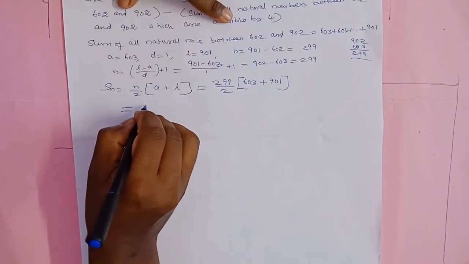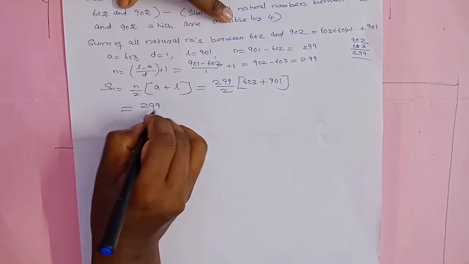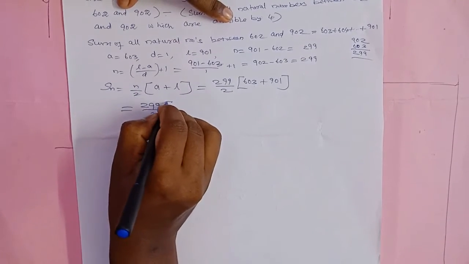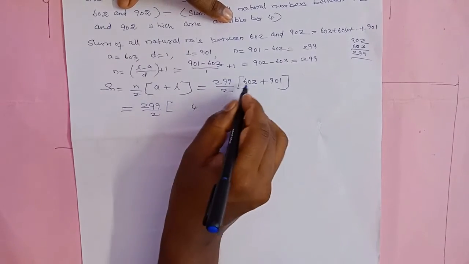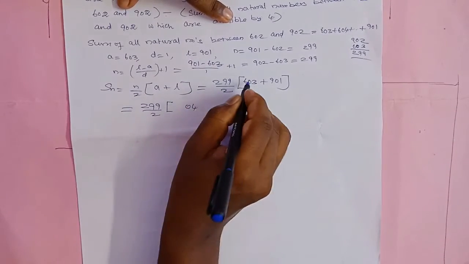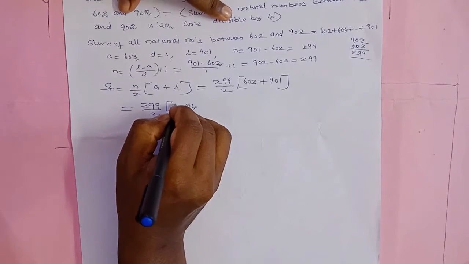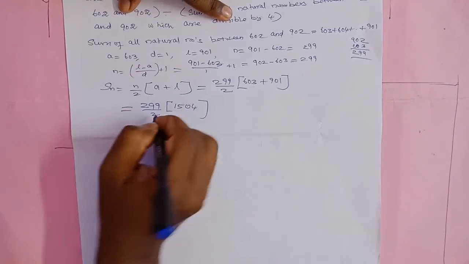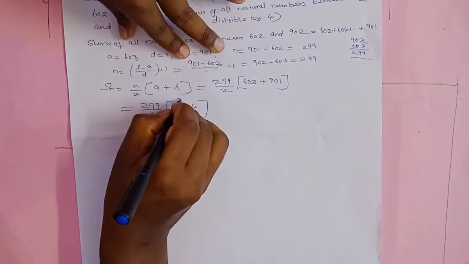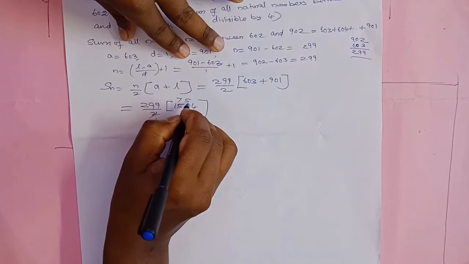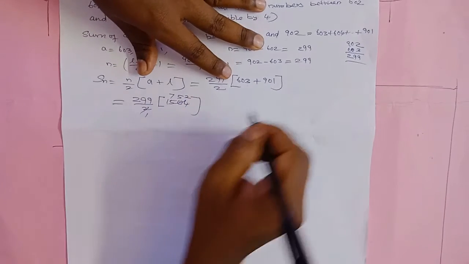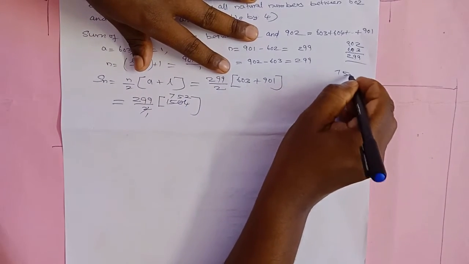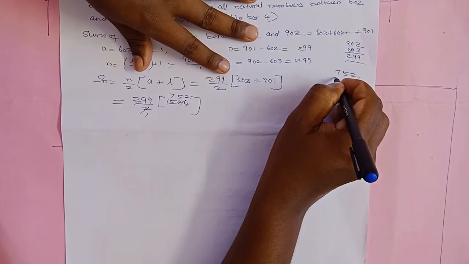So which is equal to 299 by 2 into (603 plus 901). 1 plus 3 is equal to 4. 0 plus 0 is equal to 0. 9 plus 6 is equal to 15. So we can divide by 2. 1 2 is 2. 7 2s are 14, remaining 1. 5 2s are 10. 2 2s are 4. So 752 into 299.